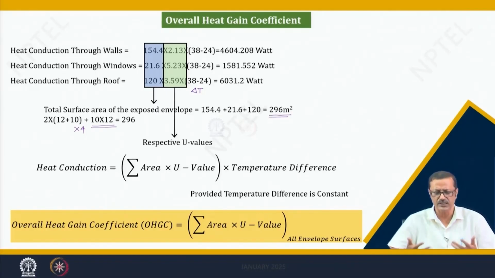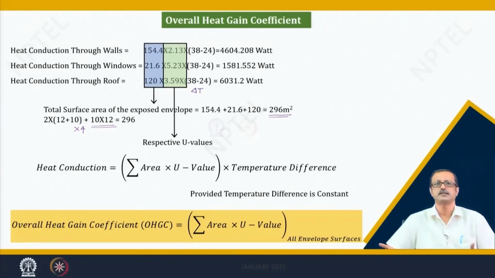So, that will give you a kind of health of a building. If it is low, then it is not going to admit that much, right. And this overall heat gain coefficient, which is the multiplication of the corresponding area and the U value of the different materials of the envelope, comes from the architectural design of the building, because surface areas and material U values are decided there.